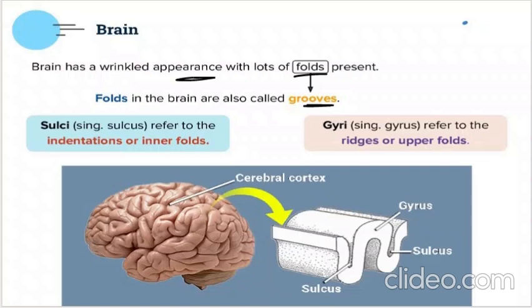Sulci, singular sulcus, refers to the indentations or inner folds. Next is gyri, singular gyrus, which refers to the ridges or upper folds. The inner folds are the sulci, and the upper folds are the gyri.